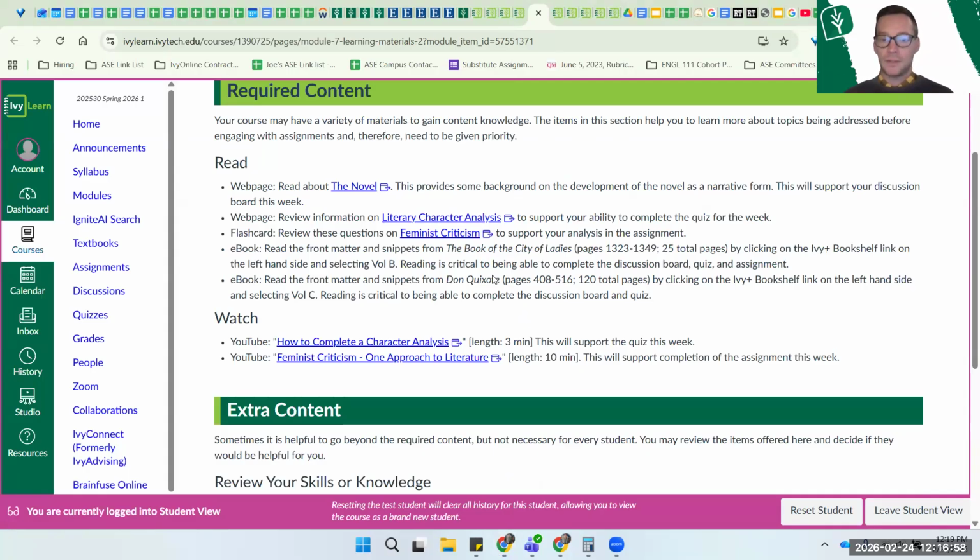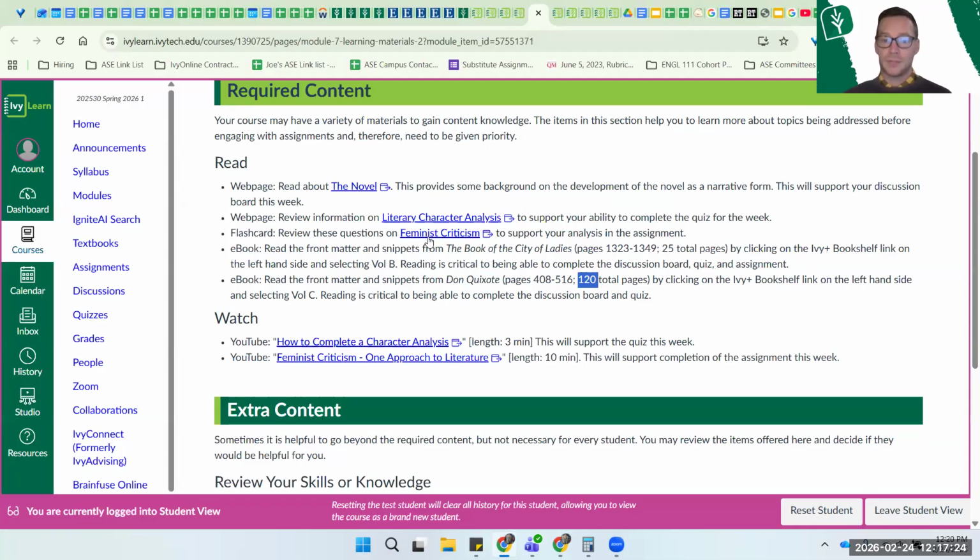And then we have another quiz related to Don Quixote, and we don't have the entire Don Quixote novel within our textbook for you to read, but we do have the front bit, and we do have a good chunk of that particular novel for us to read. You can see here it says 120 total pages. So that's where the bulk of the reading time comes through this week.